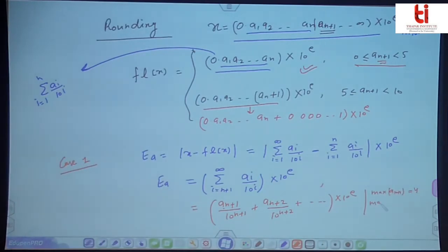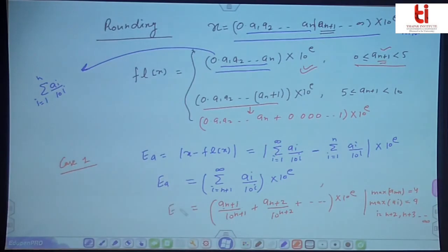And the maximum of a(n+2), a(n+3) and so on, this is what? The maximum of ai whenever i is n plus 2, n plus 3 up to infinite, this is 9. Why? It should be clear, because in normal form all ai except a1 lie between 0 and 9, but we are using rounding, then a(n+1) should be less than 5, so we are getting this condition.